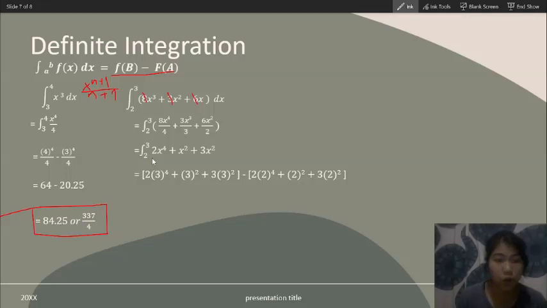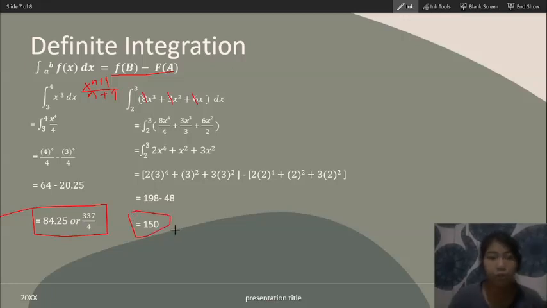And we'll get the answer of 2 times 3 raised to 4 plus 3 raised to 2 plus 3 times 3 raised to 2 minus 2 times 2 raised to 4 plus 2 raised to 2 plus 3 times 2 raised to 2. Now we can further simplify this and we can get the answer of 188 minus 48. And we can further simplify it and we can get the answer of 150.